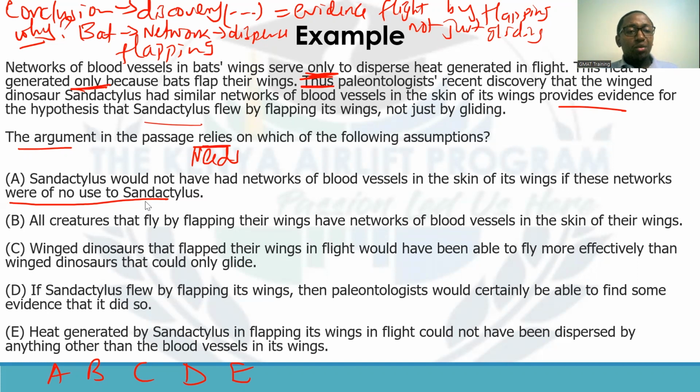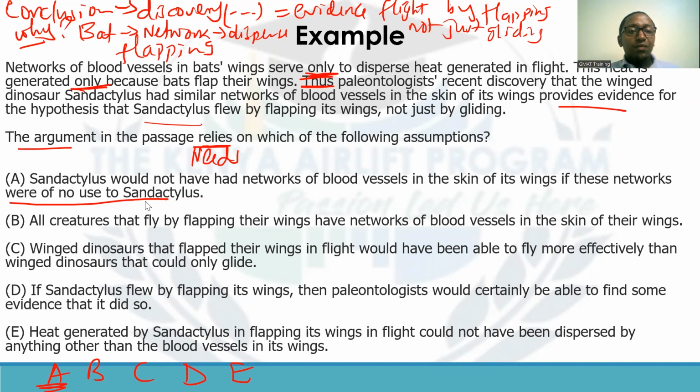If that was remotely possible, then there is no way that these networks of blood vessels would provide evidence, because if there is any chance that they are of no use to the dinosaur, then we can't use their existence as evidence that this Sandactylus flew by flapping its wings, which means that the vessels were useful for cooling. So A actually sounds like an assumption, so we can keep A.